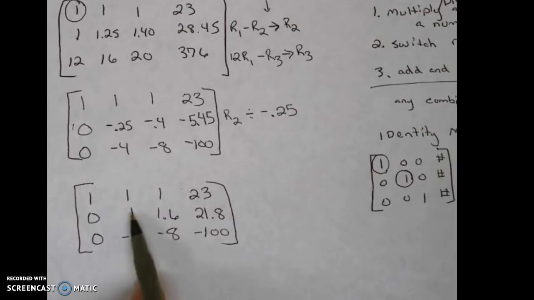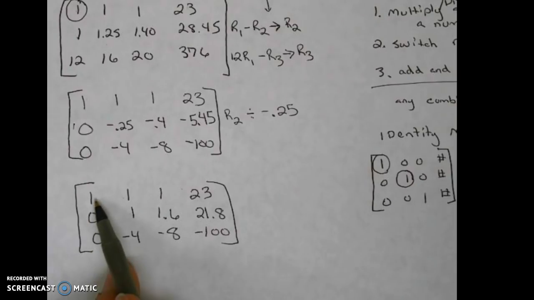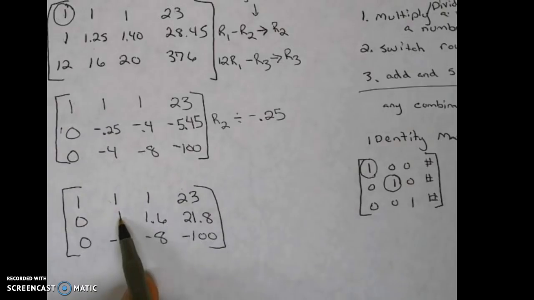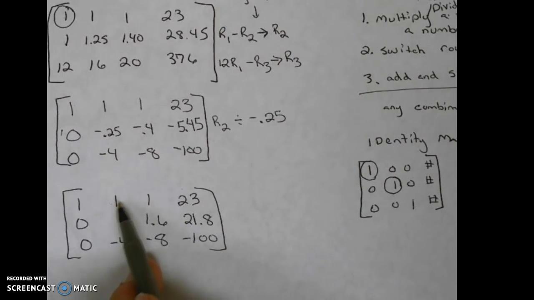If I subtract these two rows, yeah, 1 minus 1 is 0. But if I do that here, 0 minus 1 is negative 1, and it messes up our 1. So what you want to do here is we want to multiply this row by negative 1 and add it to positive 1.